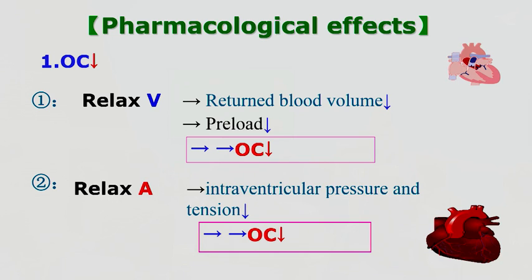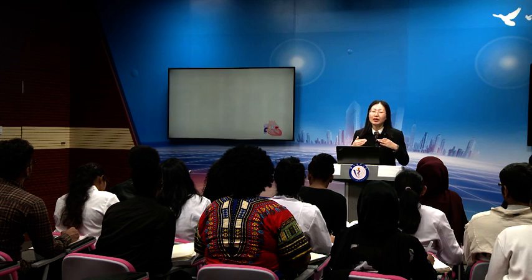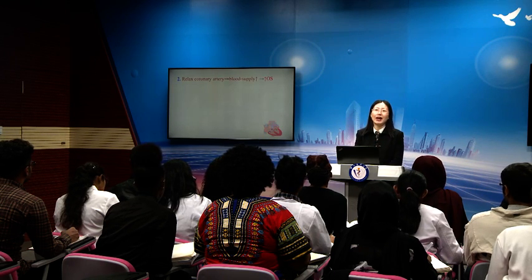For this reason, nitroglycerin can relax veins and arteries, so it meets the first requirement, reducing oxygen consumption, and we can use it to treat angina. Second, pharmacological effects. Just now we mentioned we also need a drug that increases oxygen supply. Yes.